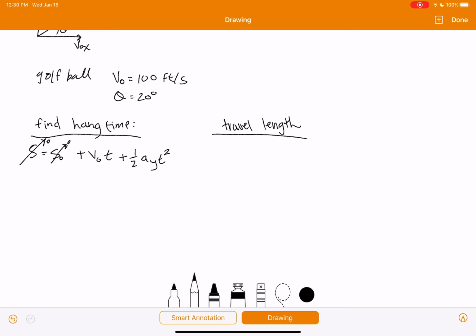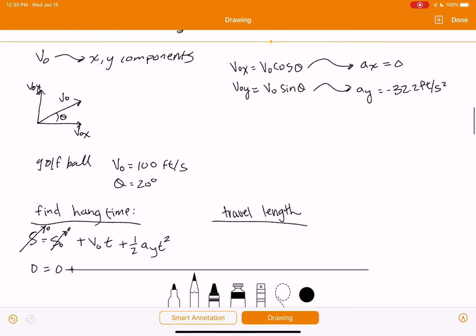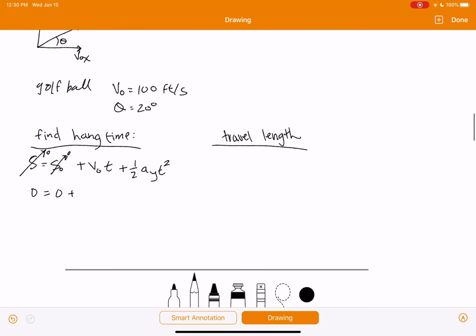And then v naught, so we're going to have 0 equals 0 plus v naught, which we found here, and it's got to be v naught in the y direction. So v naught sine of 20.